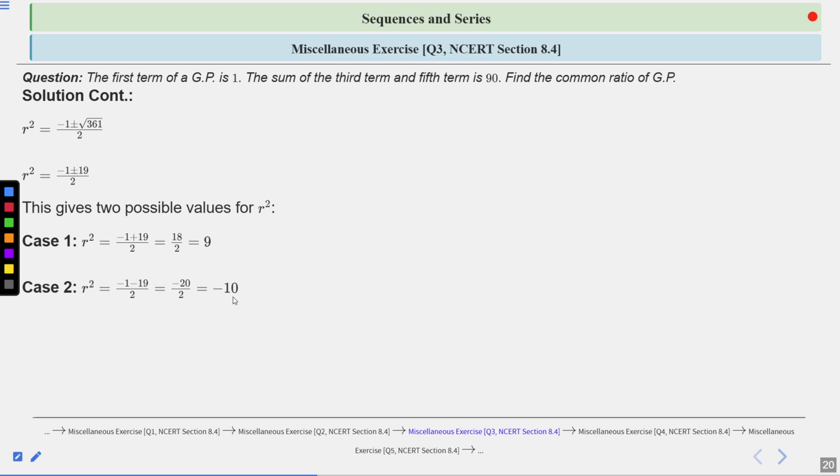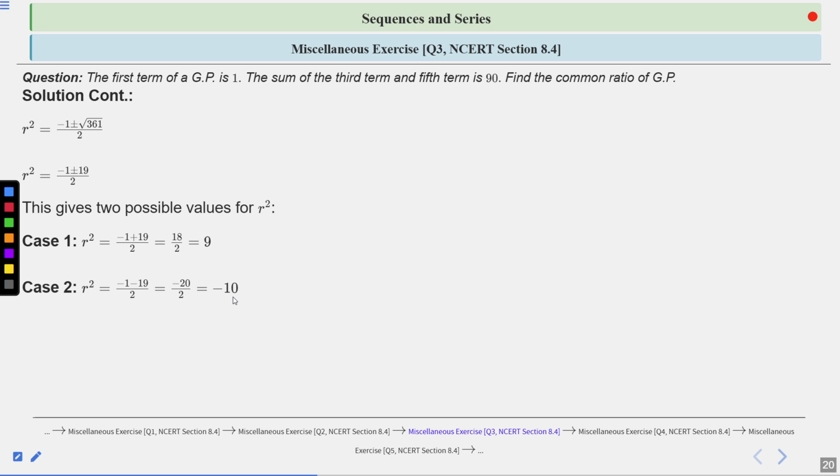Because we know that if alpha is any real number, alpha square is always non-negative. Non-negative means a positive real number including 0. Very good, Sumit. Case 2 is not possible because r square equal to -10.